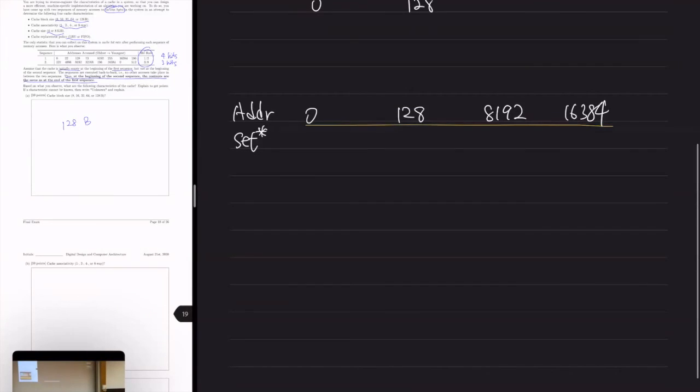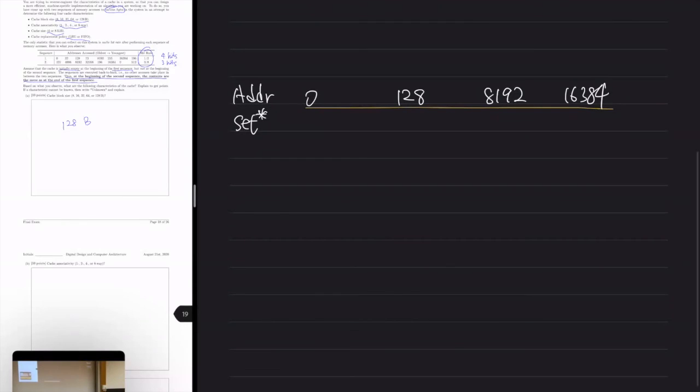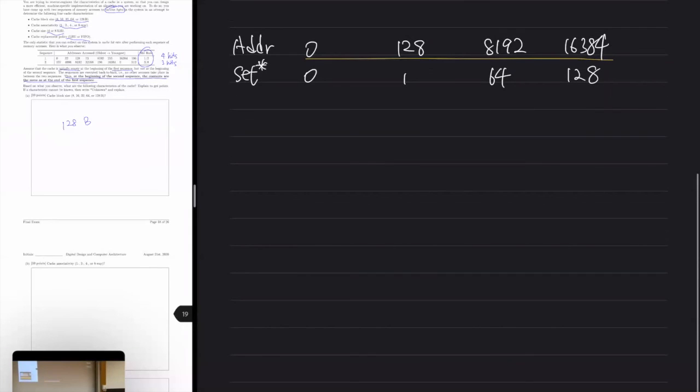What we do is remove all the offset bits from this address because we already know the block size is 128, and what remains will be used to address the sets, so that this information can help us in determining the possible associativities. If we divide all of these by 128, we have 0, 1, this one would be 64, this would be 128.